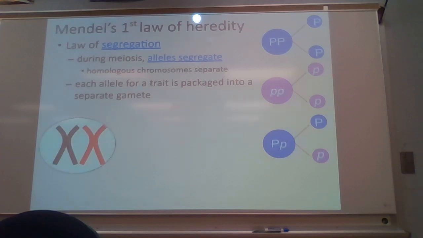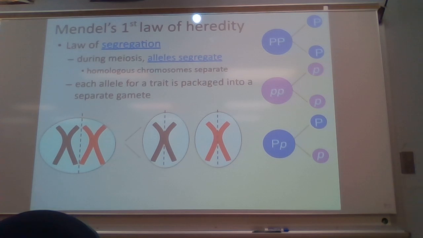And again, if we take a closer look at meiosis, this is similar to that diagram from your quiz. We have a very simplified cell with one pair of homologous chromosomes. What happens to those chromosomes during meiosis 1? And then they separate.